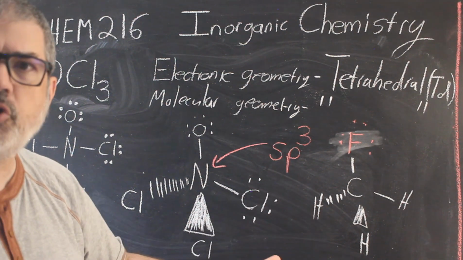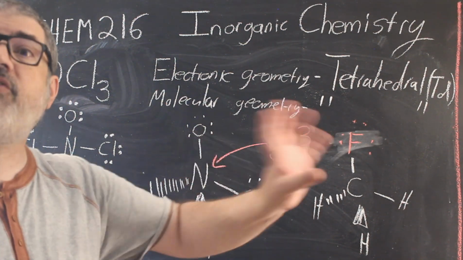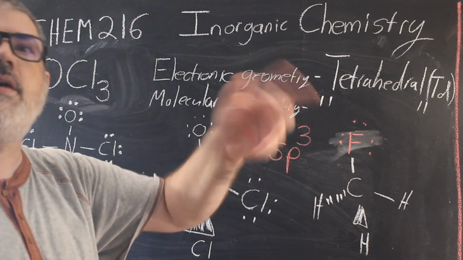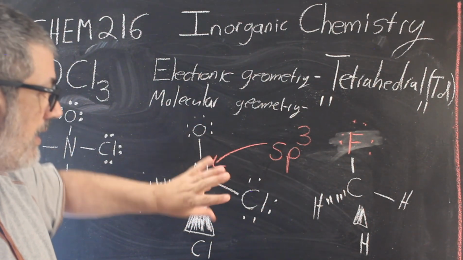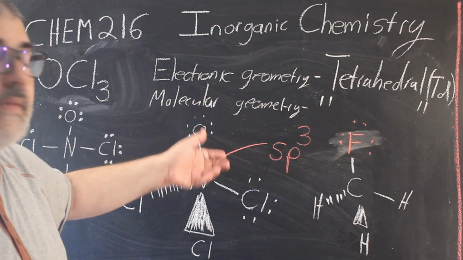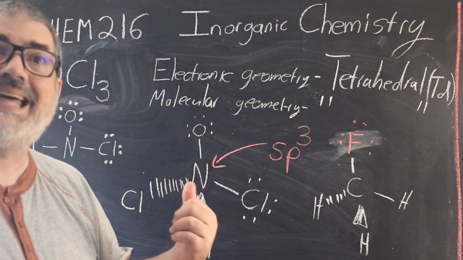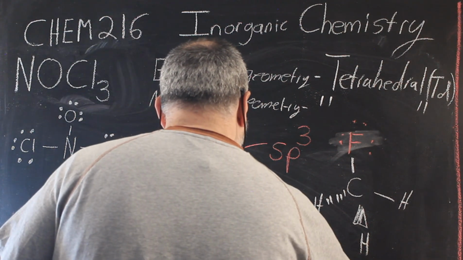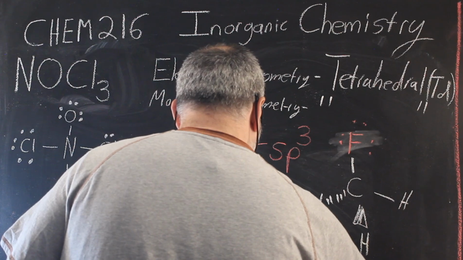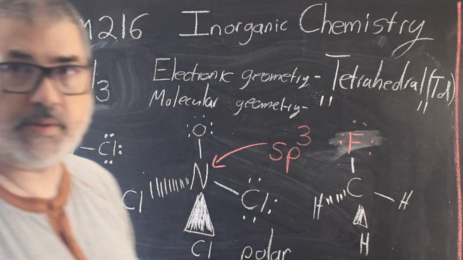And the way you can determine that is by looking at the electronegativity values. And let's say we got it wrong. Let's say it's the other way around. Let's say the chlorine is more electronegative than the oxygen. Well, that flips the polarity, but it doesn't actually change the fact that it is polar. So this molecule is polar.